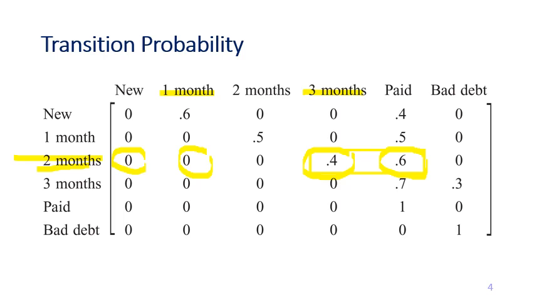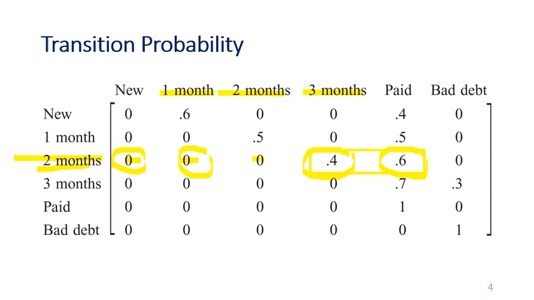It's already 2 months overdue, and it cannot stay in the 2 months state either. So next month it will be either 3 months overdue or already paid. That explains why these probabilities are zero.